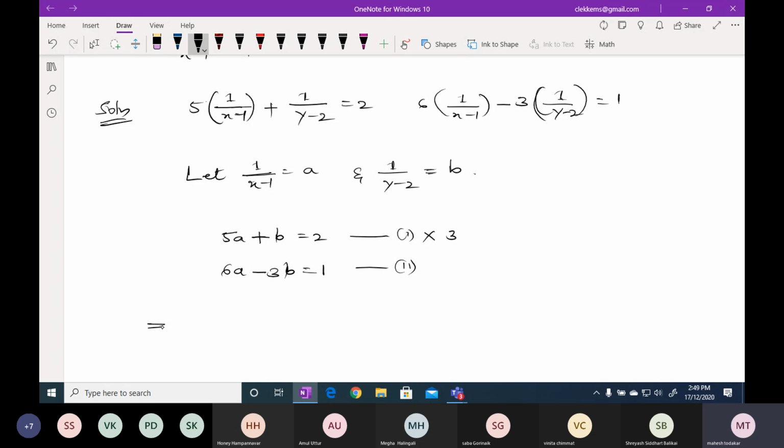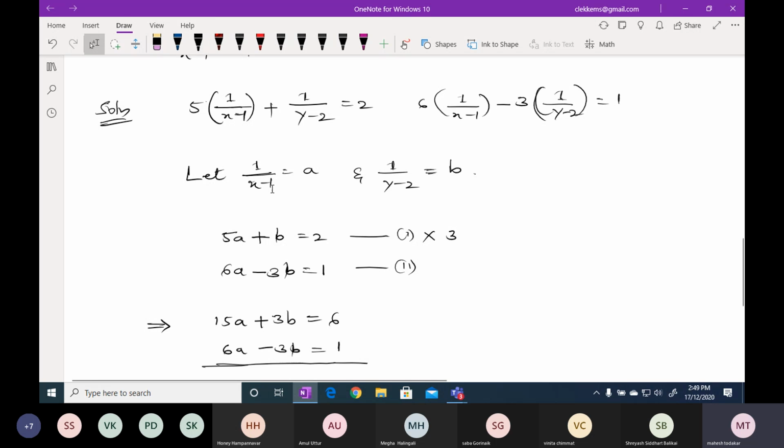Once you multiply, it is 3 into 5, 15a plus 3b is equal to 3 into 2, which is 6. Now this is 6a minus 3b is equal to 1, as it is. Don't multiply anything in equation 2.